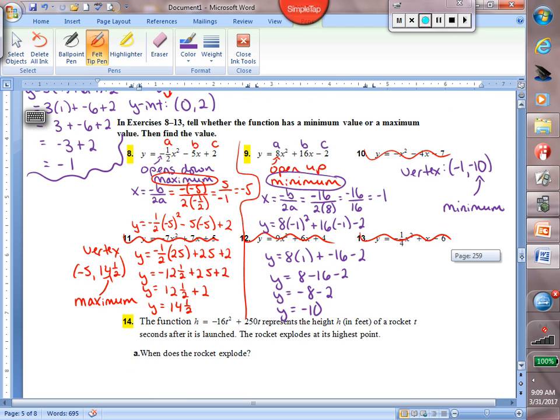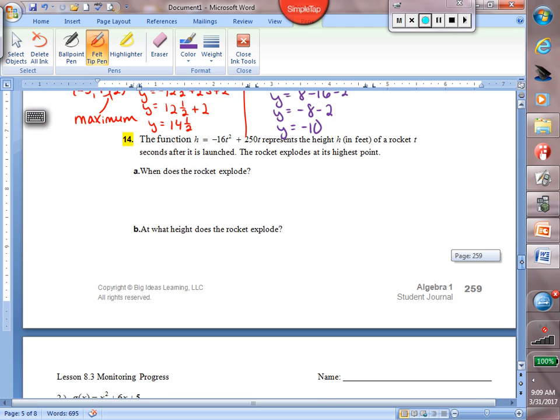Now I do want to look at question 14 just real quick. We're not going to solve it out. I just want to give you some hints as to how you would go about the question. You're given a function. Similar to what we saw when we were working with vertex form. But now instead of having to create a table to answer the question, now we can do things much more quickly.